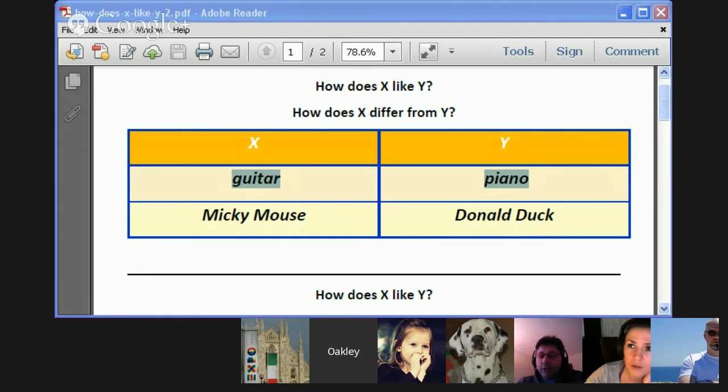I'm not sure about the word percussion, but guitar and piano are the same type in the classification of musical instruments. I think you're saying percussion. They're not percussion. Percussion is like drums, cymbals, chimes.